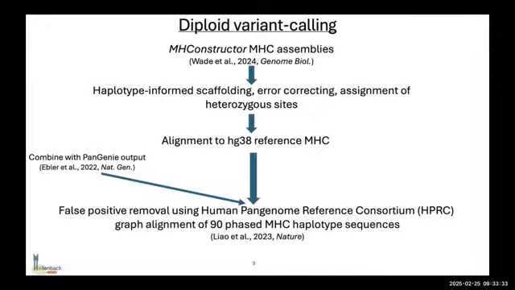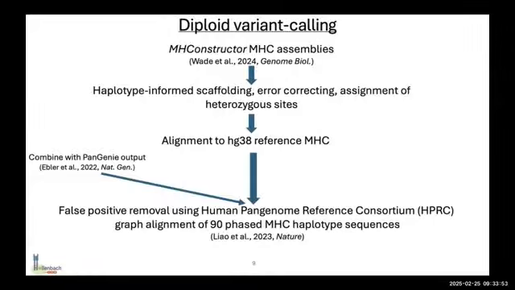And so using that, we're able to generate these assemblies with our data. Following assembly generation, I performed haplotype-informed scaffolding, error correcting, and then assignment of heterozygous sites. These were then aligned to correspond to the HG38 reference.